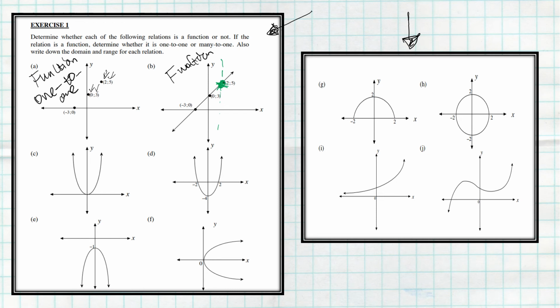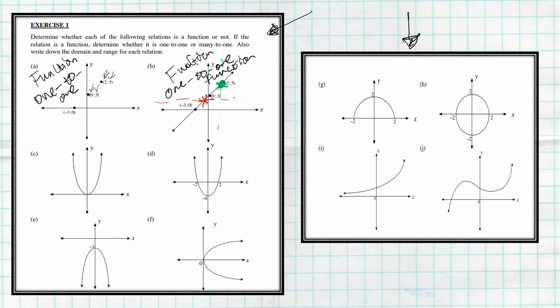To determine the type of function, I'm just gonna use a horizontal line. If it cuts at 1 point, we know it's a one-to-one function. So we see this is also a one-to-one function. Okay, with the domain and range, let's not entertain it for now. I just want you to know whether it's a function or not a function.